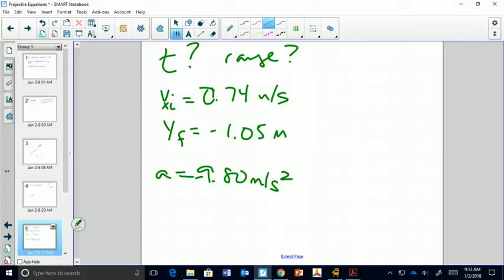Okay. A couple other pieces that they wanted to make sure you know. What's our xi? What's our initial distance? 0. What is our y initial? 0. What is our velocity in the y initial? Would be 0.